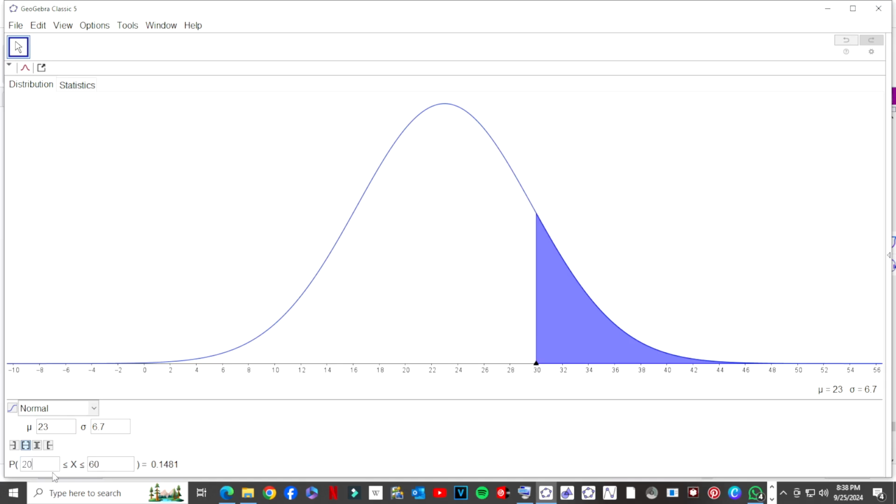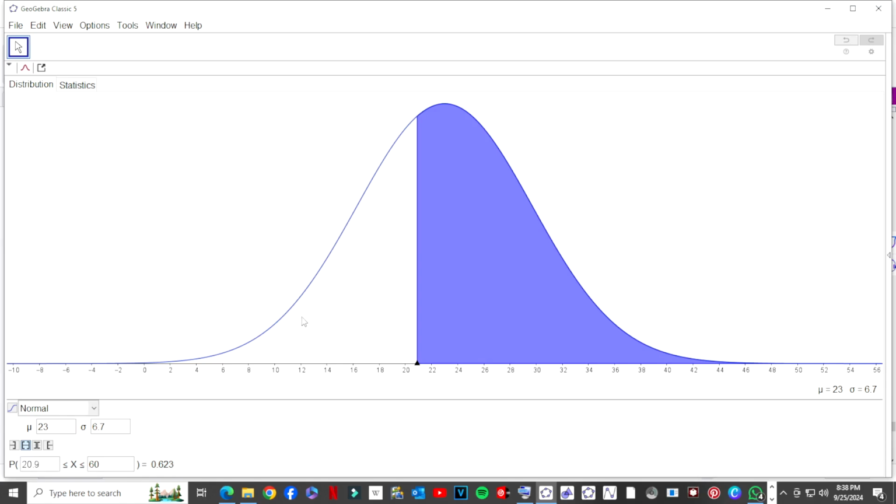So we change that to 20.9. We want the probability that x is greater than 20.9. We press that, then we see that this is 0.623, which is actually the probability value that we are given if you round it off.